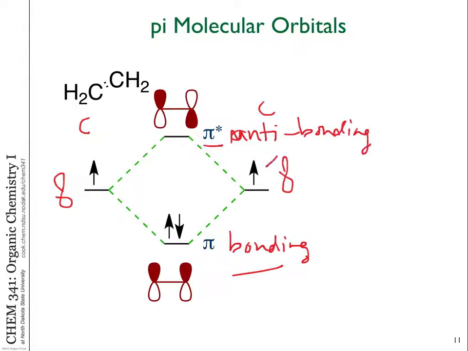Since we start with two, and when the mathematics combines them together, we end up with two molecular orbitals. Notice the electrons pair up energetically in what we call the bonding orbital. Okay? The anti-bonding orbital is empty. We don't put electrons in there. And also notice that on a p orbital, on one lobe we have, say, a plus sign and a minus sign. That's how the mathematics describes it. Actually, I've shaded this dark with a plus and minus.